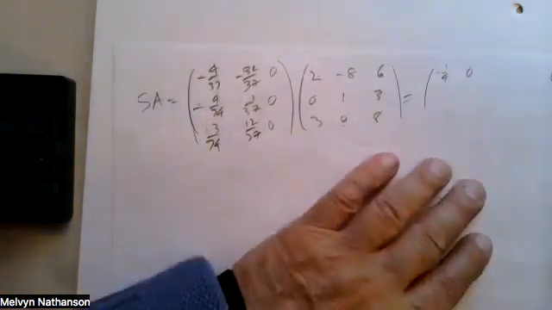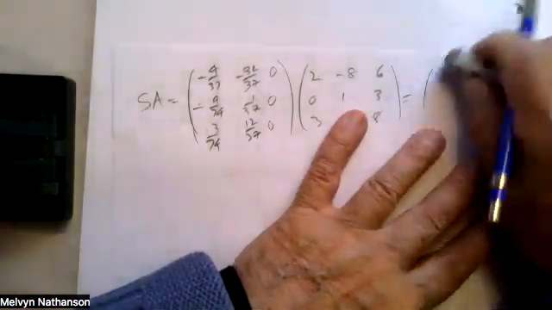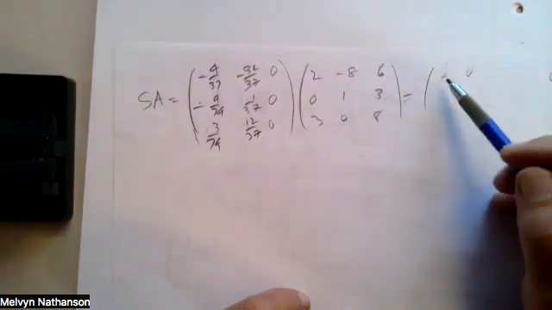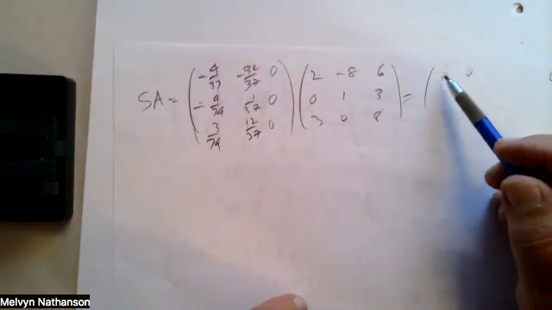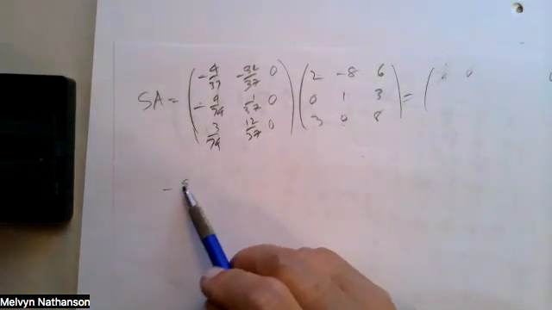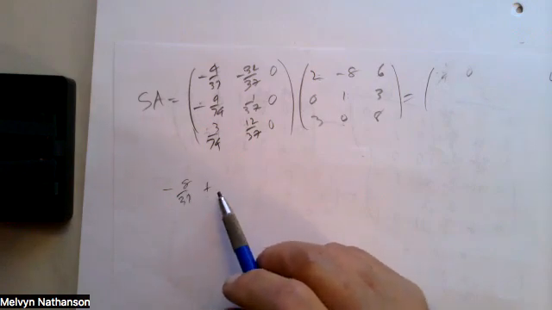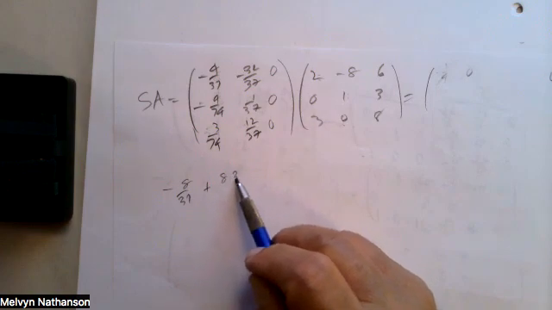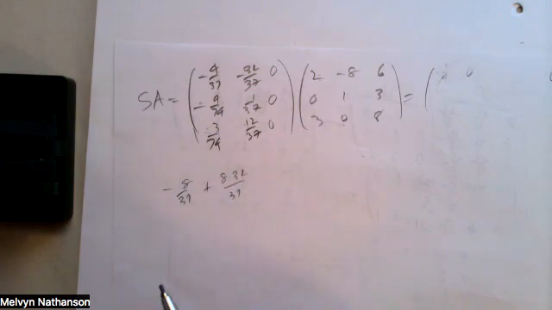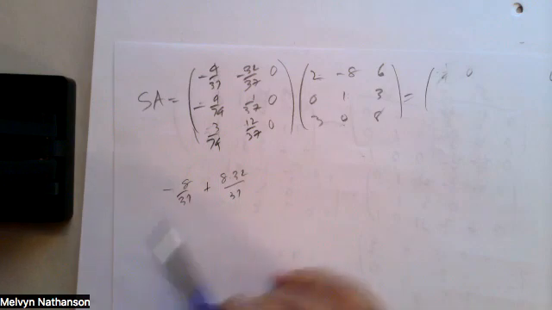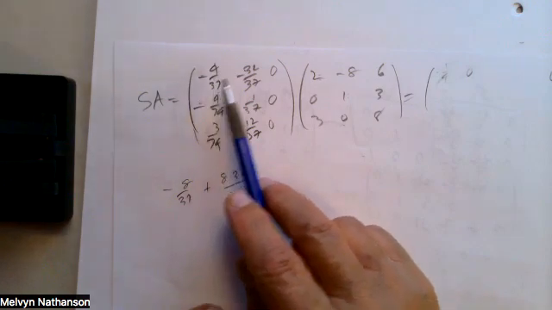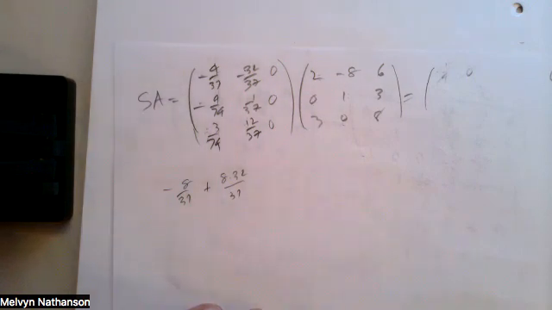Okay, now let's see what happens when I multiply. For this first coordinate, I get minus 8 over 37 plus 8 times 32 over 37. Sorry, I get minus 8 over 37 plus 3.